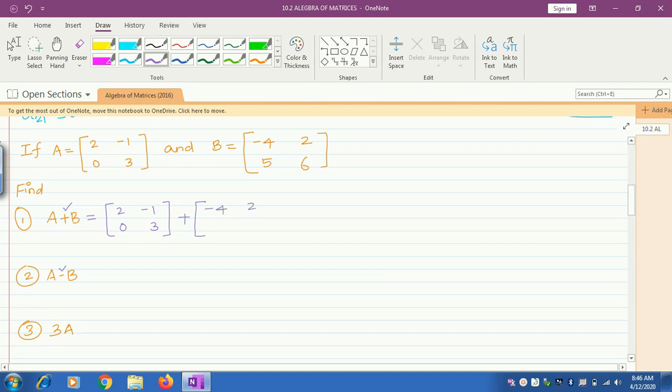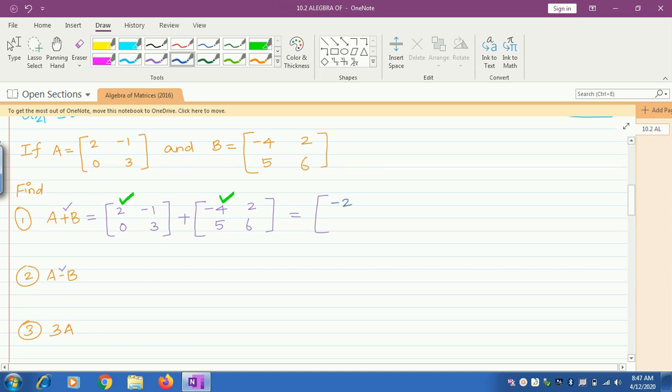Minus 4, 2, 5, and 6. So what is the addition? Just you have to add the corresponding elements of the matrix. So what is 2 plus minus 4? You will get minus 2.